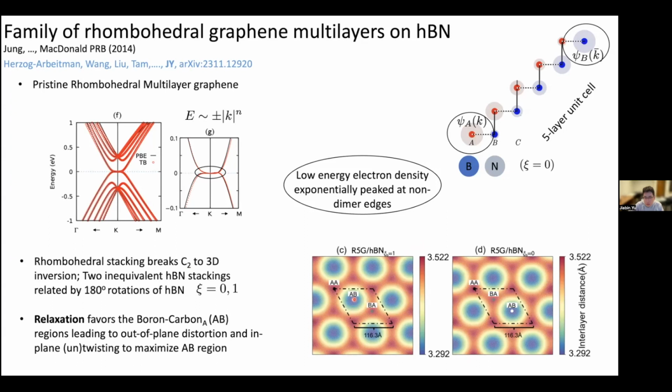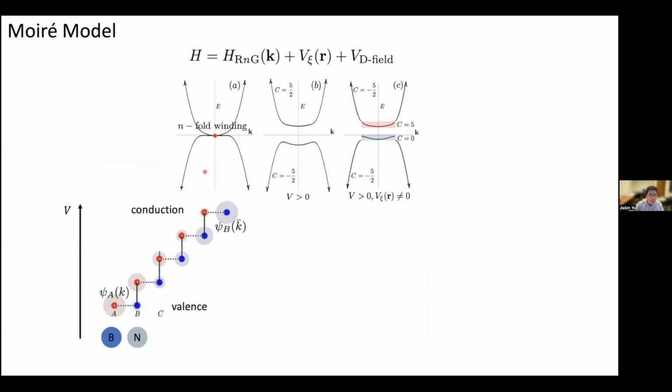So when this boron atom stacks on a carbon A atom, we call it the AB region. For different stackings, the AB region always has the smallest interlayer distance. These two effects together give us the moiré potential. And what does the moiré potential do to the single particle band structure? It opens a gap and gives us Chern bands.